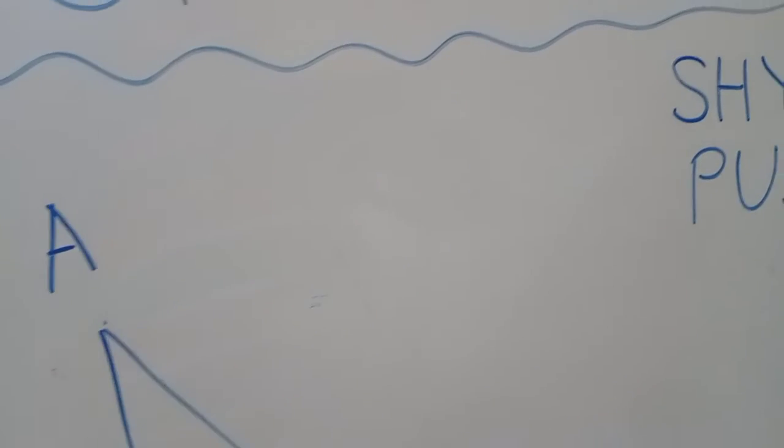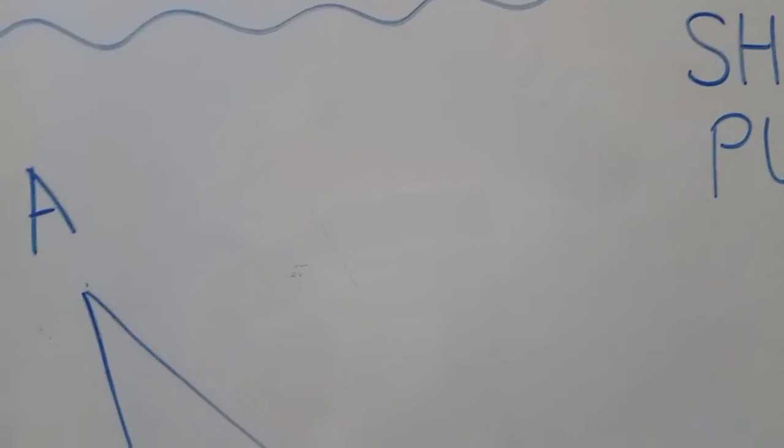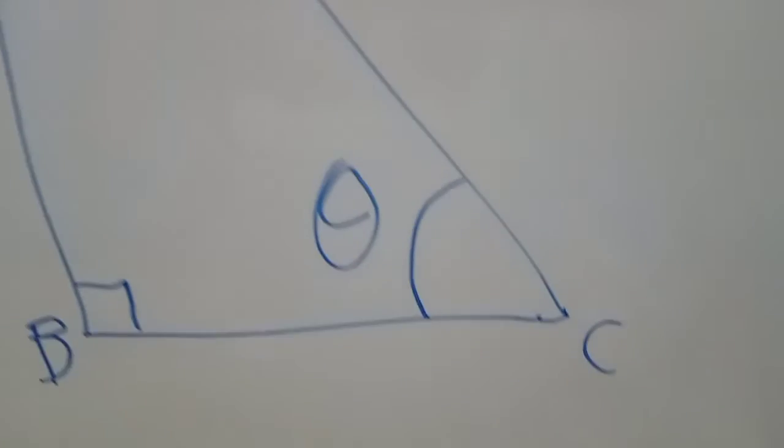Triangle ABC is a right angle triangle because one of its angles is 90 degree. Let me define angle BCA as angle theta. Angle BCA, I am calling it as angle theta.